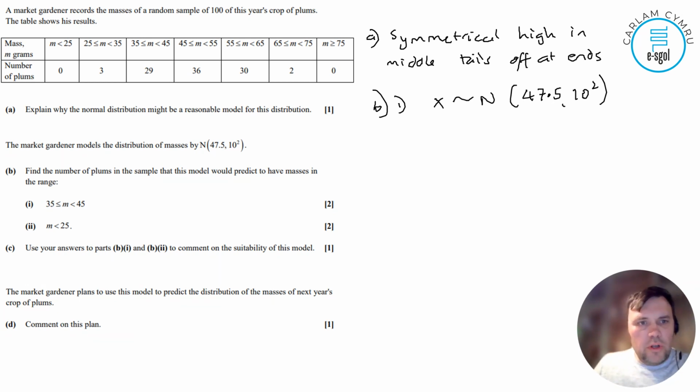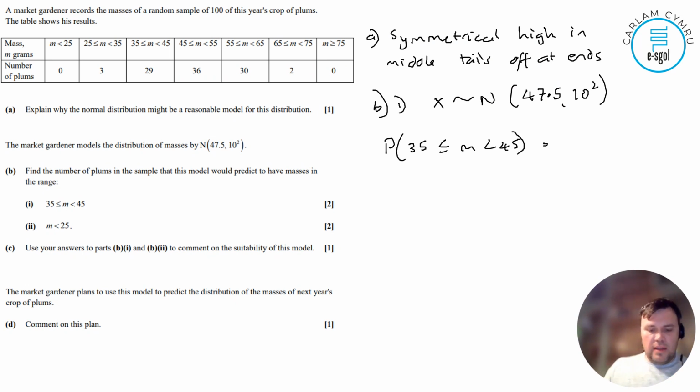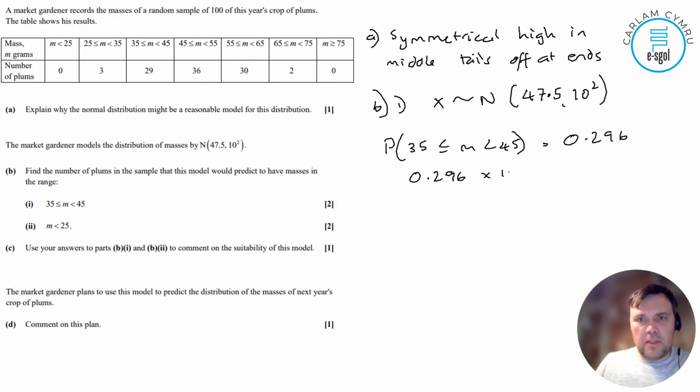So we would put in P(35 < M < 45), and that is going to give you, just typing it into the calculator, 0.296, and then you would do 0.296 multiplied by 100, which is 29.6, approximately 30.